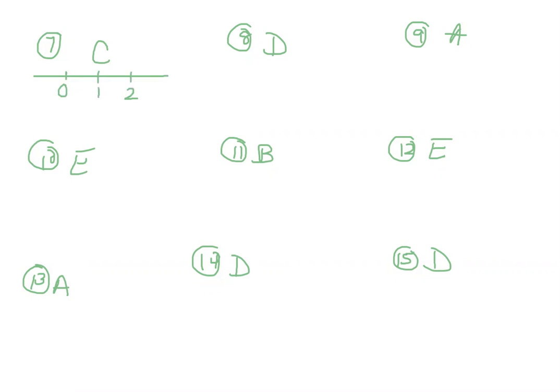On the left side of 0, the function is sine x, and sine of 0 is 0. And on the right side of 0, you substitute 0 into x squared.